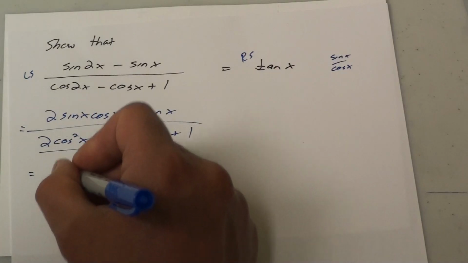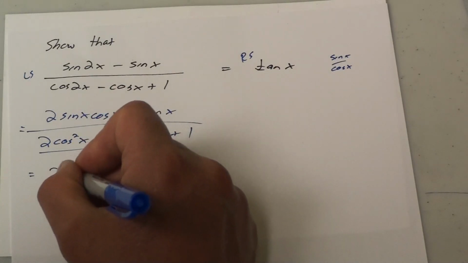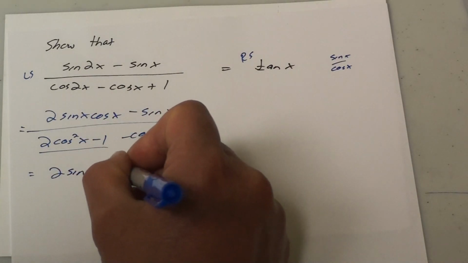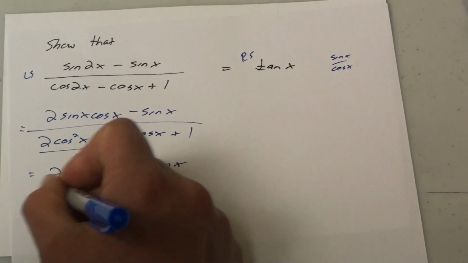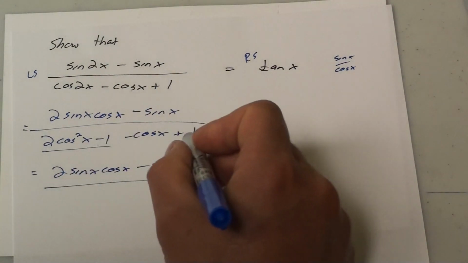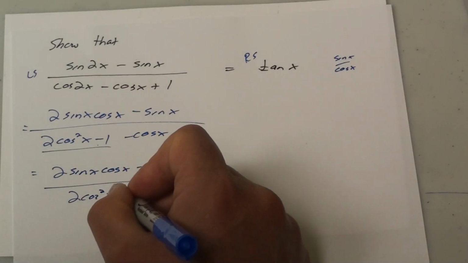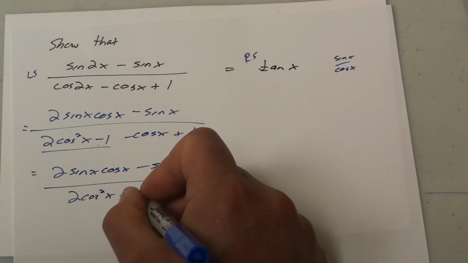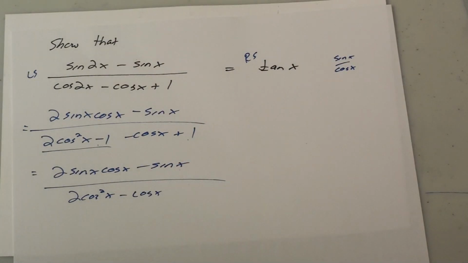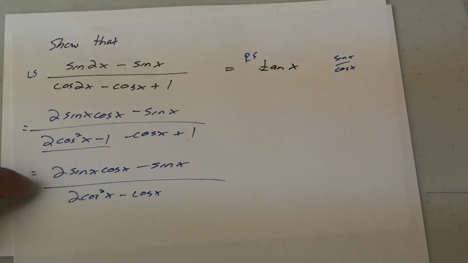So I have 2 sine x cos x minus sine x on top, all over, my minus 1 and plus 1 will cancel out, so I have 2 cos squared x minus cos x on the bottom. I can do a little bit of common factoring.